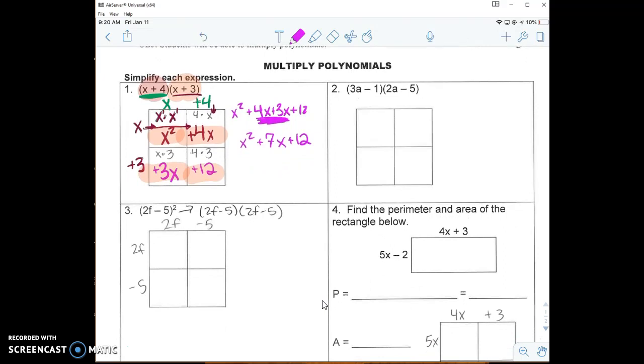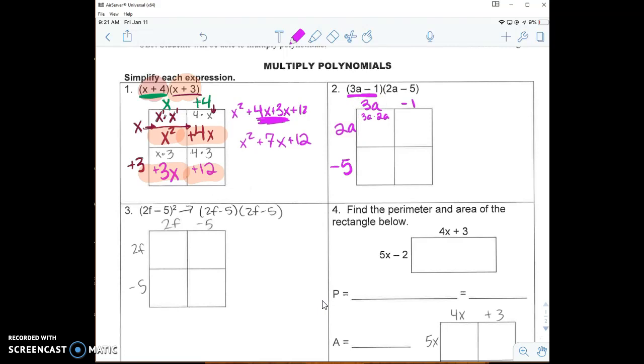Number 2, from scratch, I write my first set of parentheses across the top, 3a minus 1. The second set down the bottom. In the first box, 3a times 2a.